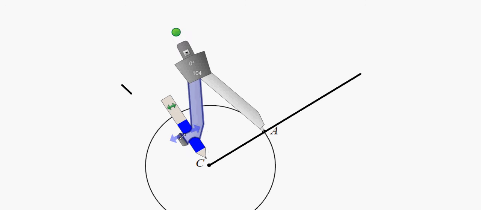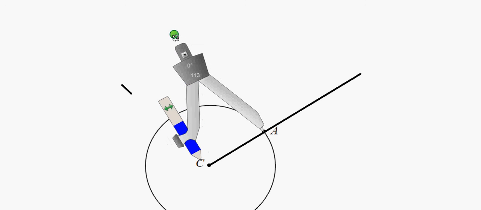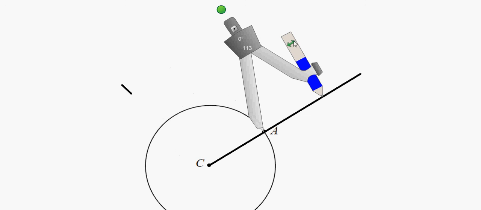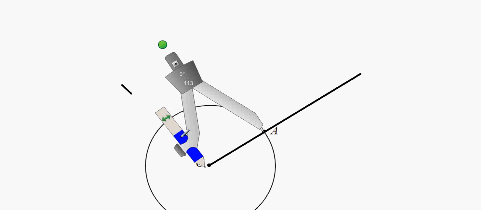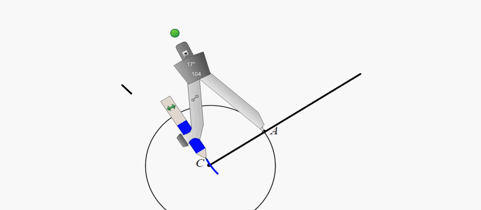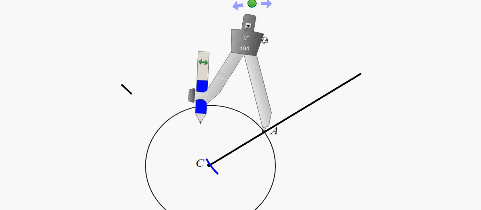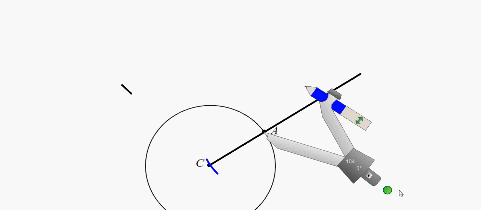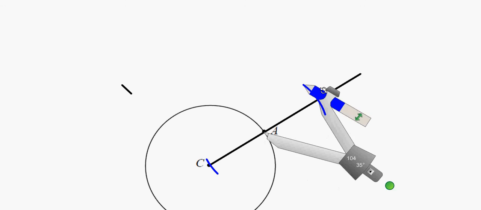Then you're going to rotate it in. Okay, it's probably too big here now, so there you go. Then once you do that, you're going to make a mark like so, and then you can go all the way out the other side and make a similar mark on the other side here. Okay, so now you have 2 points that are equal distance from each other.